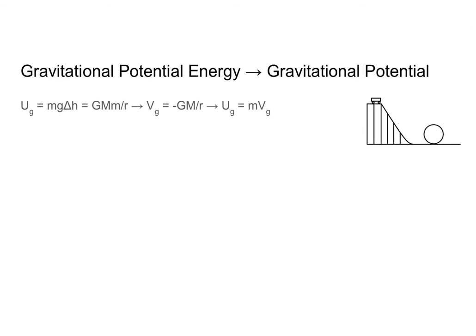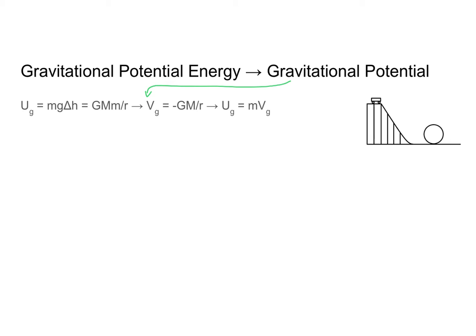So the gravitational potential is essentially analogous to our gravitational field. It's useful because if we know our gravitational potential, V sub g, it's very easy for us to calculate our potential energy at a given point in space.